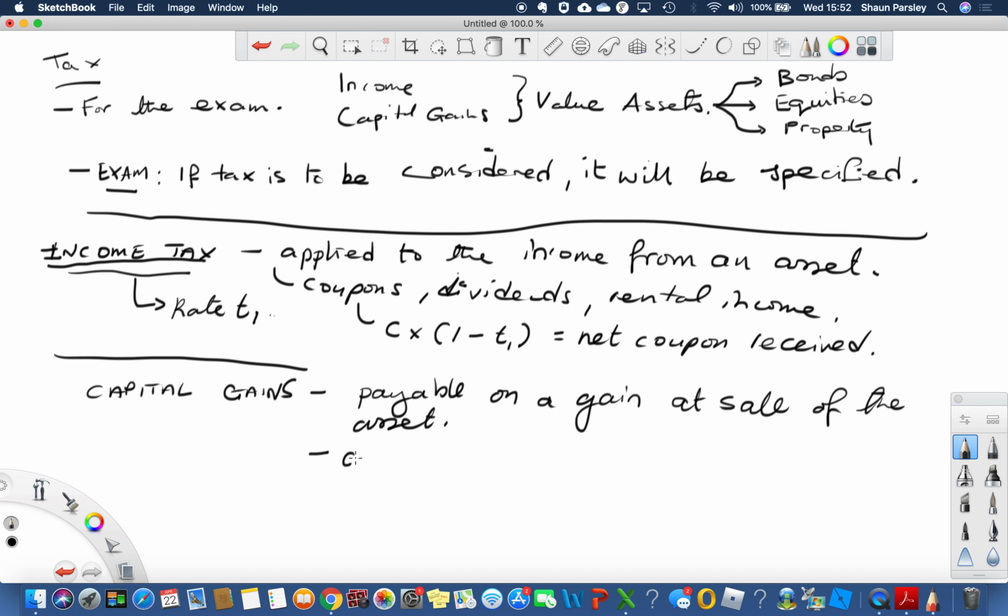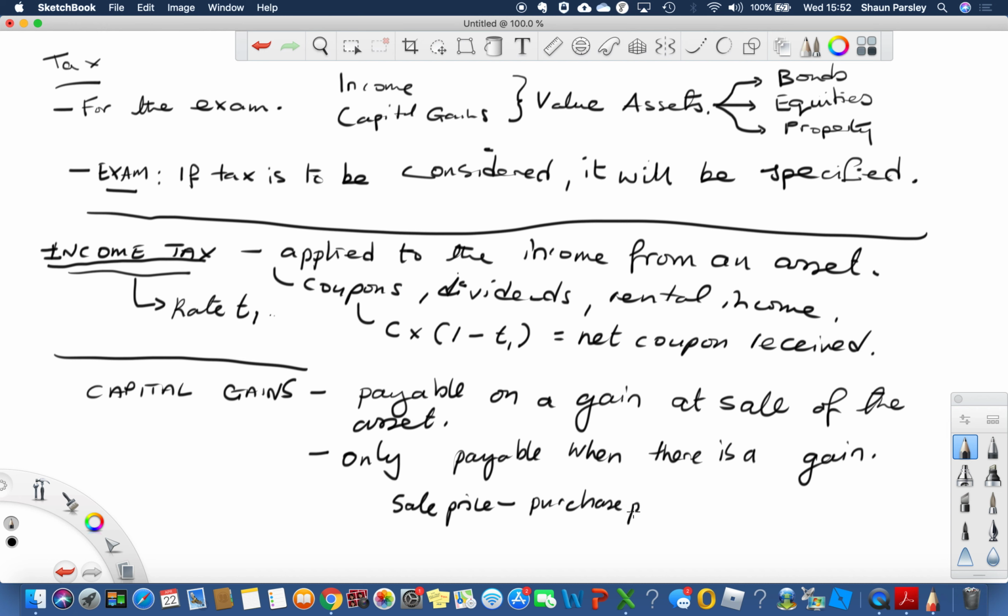So only payable when there is a gain. So the formula: sale price minus purchase price.